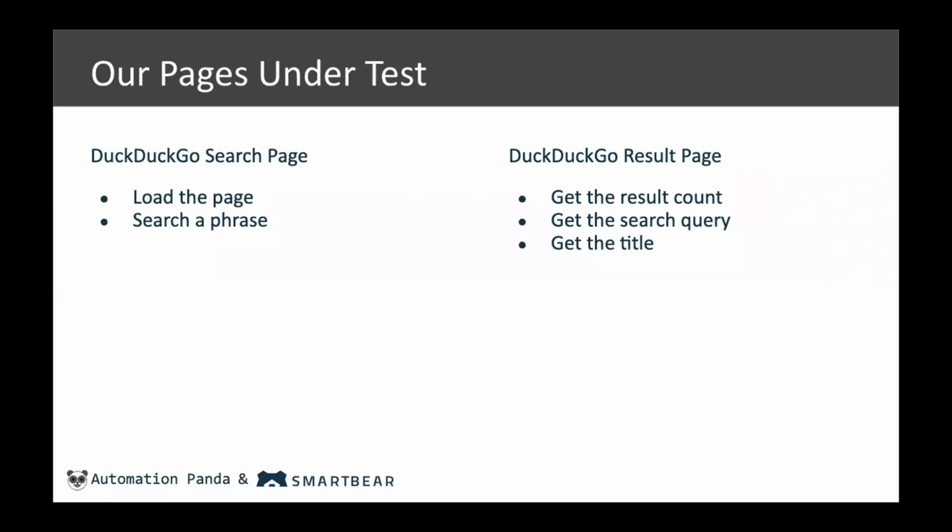For the search page, I have two interactions: loading the page and searching for a phrase. On the result page, I have three interactions. Now the difference here is, instead of sending commands to the page, I'm trying to get stuff from the page. I need to get three things: the result count, the search query, and the title.